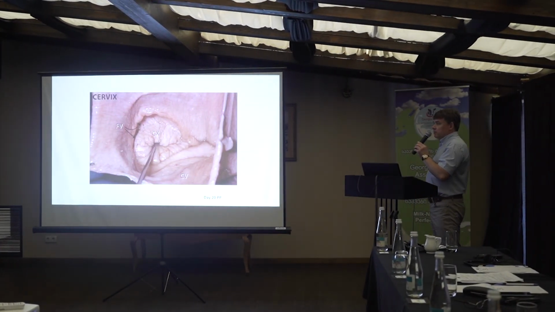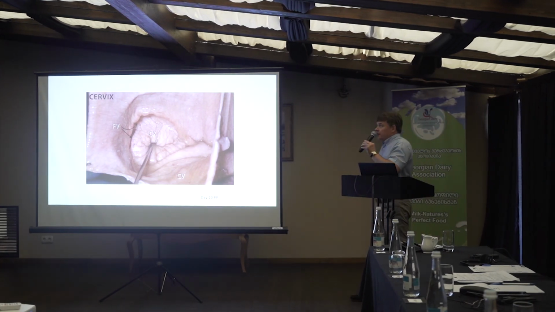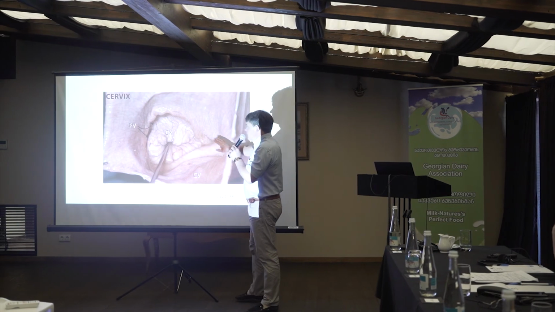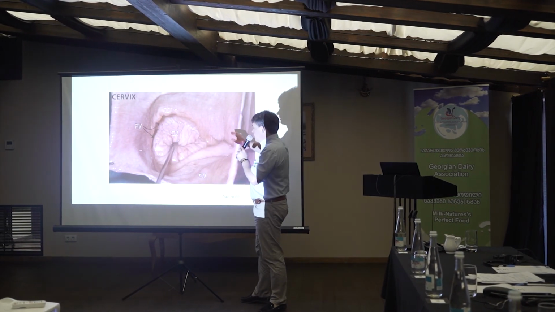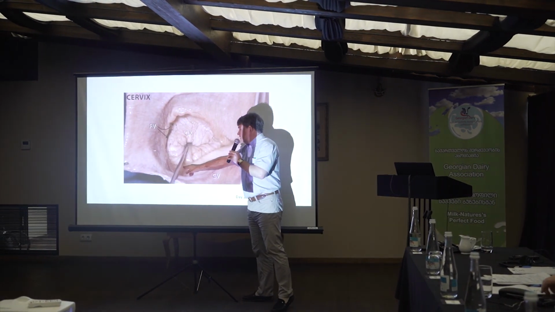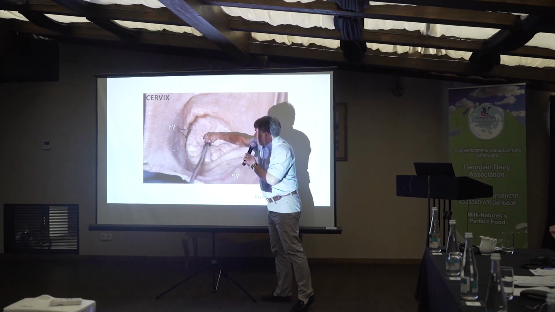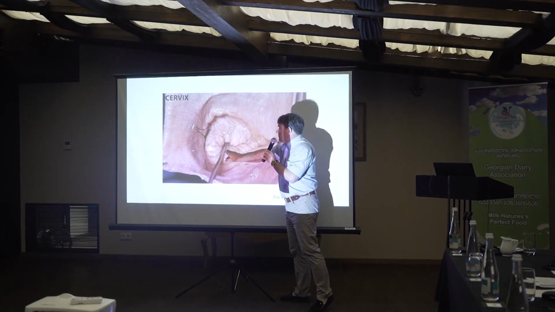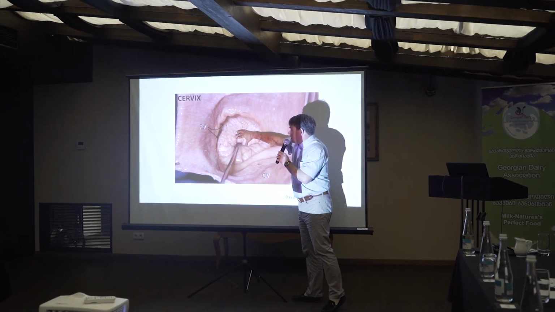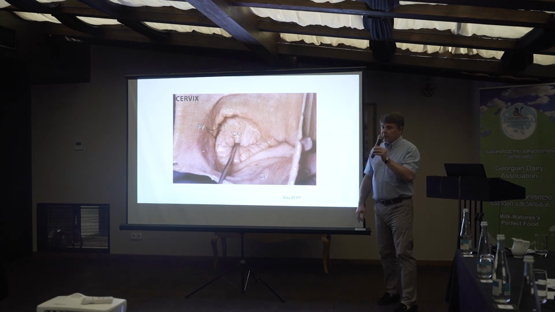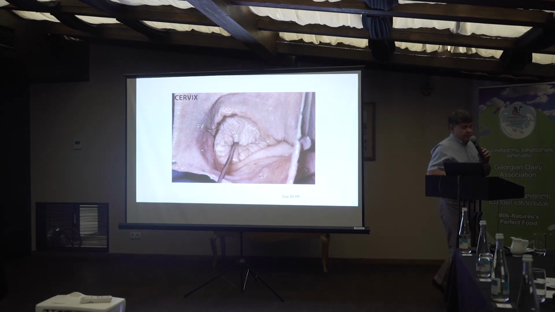If we approach day 20, you see that the cervix is much smaller. There is no big discharge visible anymore. There is some discharge here, but it's mostly mucus. The cervix is more or less closed. Of course, this rod is inserted there, but generally the cervix is closed, and much smaller than it was two pictures ago.